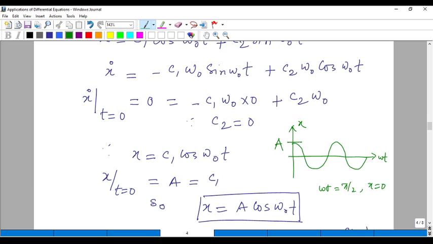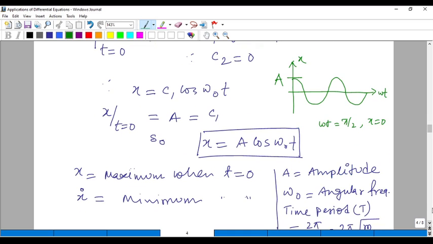Now let's see what will happen to the velocity. The velocity we can calculate from this expression: v equal to minus a omega 0 sin omega 0 t.